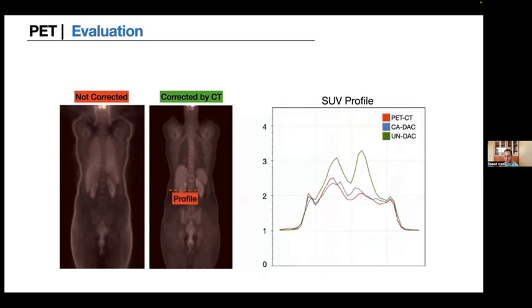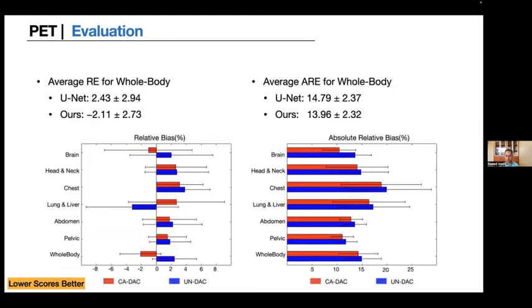And here's a profile for the tracer uptake, showing that with our context-aware convolutions, the estimated tracer uptake would be matching the ground truth much better than the conventional UNet architecture.